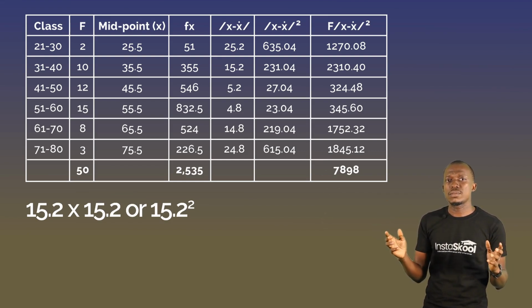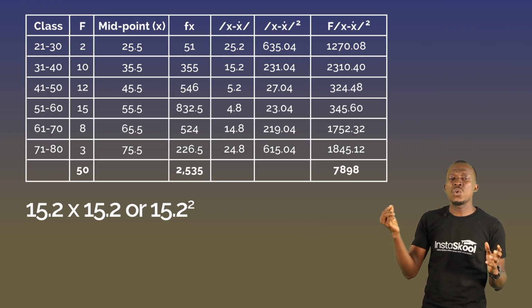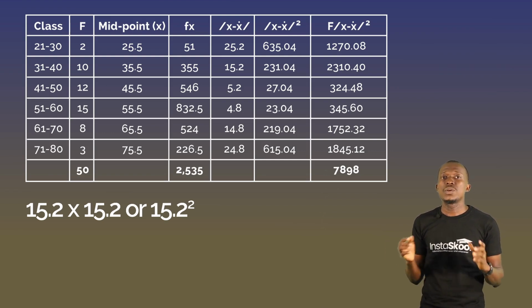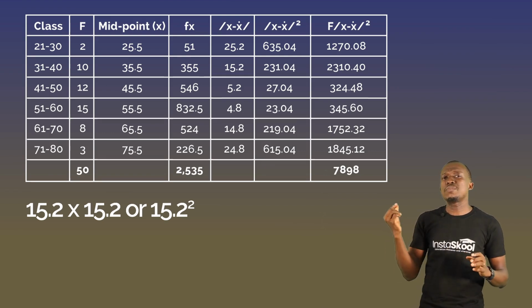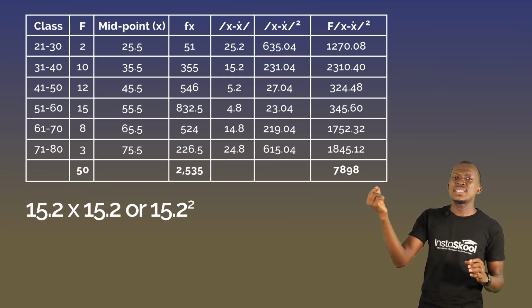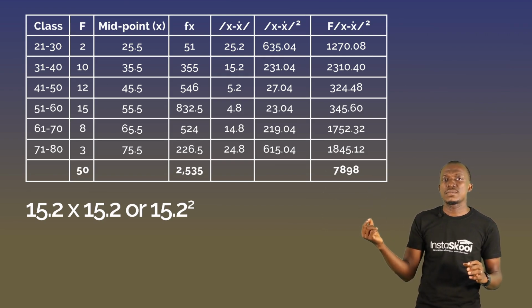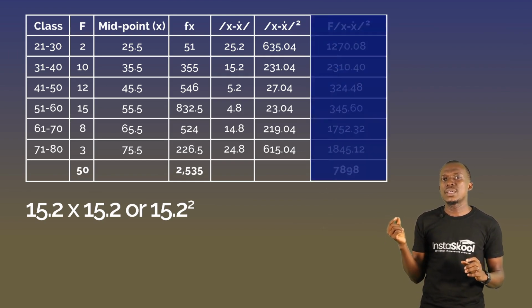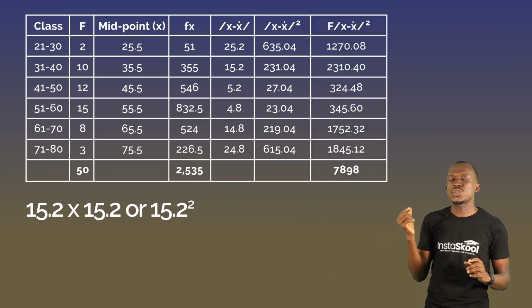You get the same thing. So you do that for all the observations we have under x minus x bar. When this is done, you multiply your results by the frequencies. That gives us f into bracket x minus x bar squared.